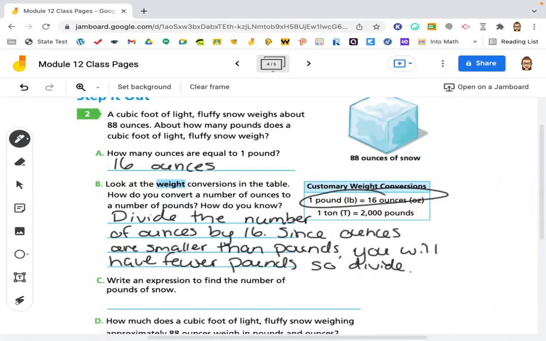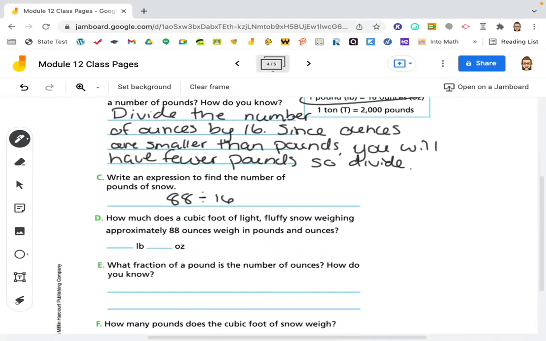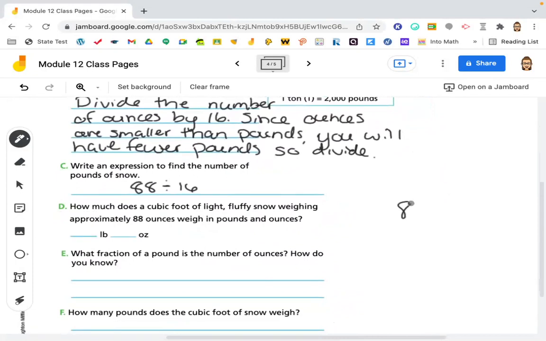So write an expression to find the number of pounds of snow. So we would do 88 divided by 16. So how much does a cubic foot of light fluffy snow weigh? Well, we have 88 divided by 16. We'd have 5. So that gives me 80 with 8 left over. So that means I'm going to have 5 pounds, 8 ounces.